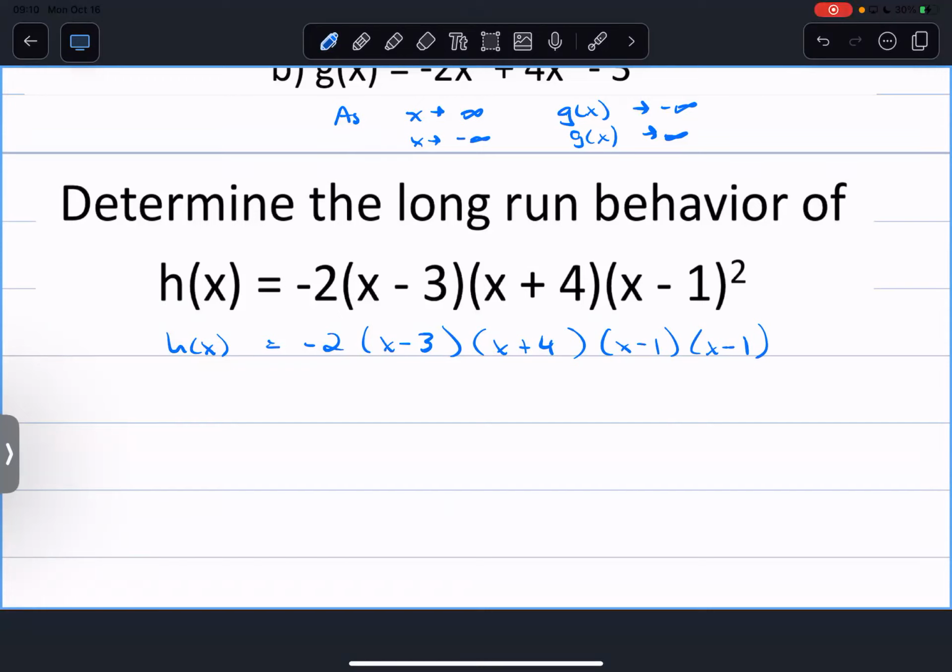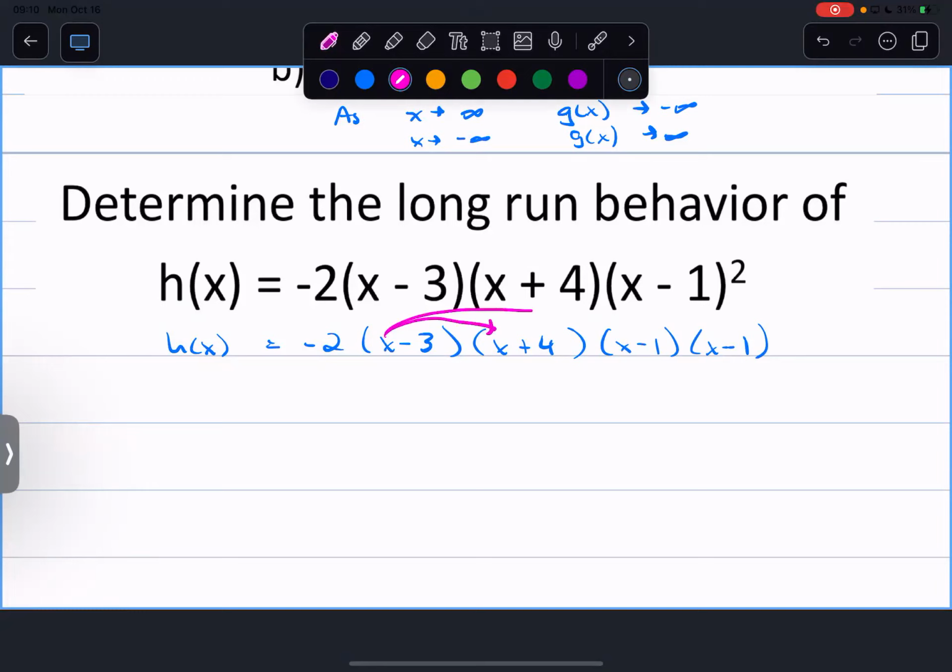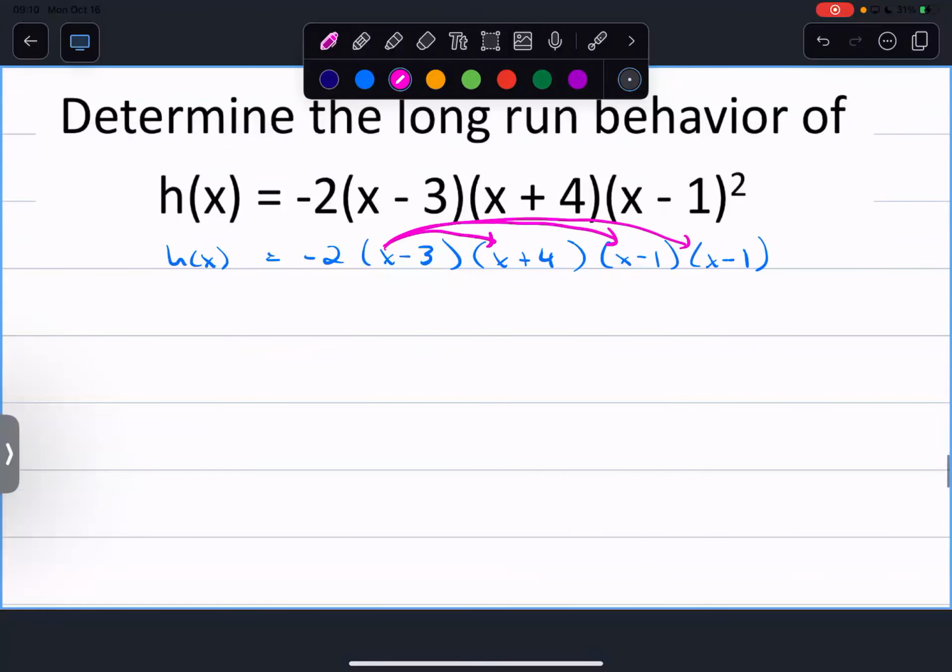What's your highest power of x? You don't have to expand it. Yeah, nice. But if you kind of imagine expanding it, you would end up with x to the power of 4 as your highest power. And so x to the power of 4 is the highest power, therefore the degree is 4.